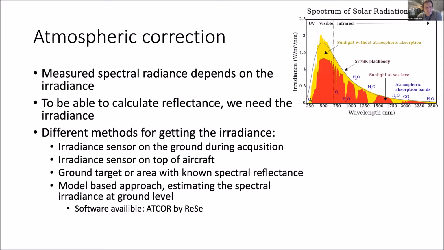There is software for doing this, and one available software is the ATCOR package by ReSe, I think. Trond is going to follow up with an introduction to hyperspectral imaging.